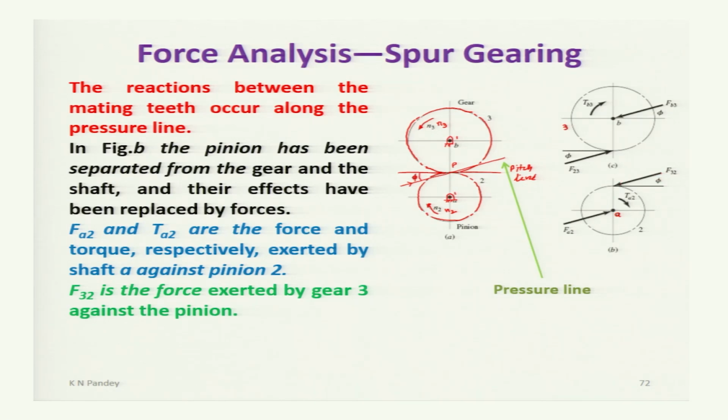Similarly, if we see the gear, then B is the center of rotation, or it represents the shaft on which it is mounted, and the bearing force is FB3 and the torque is TB3, and the force is shown as F32.